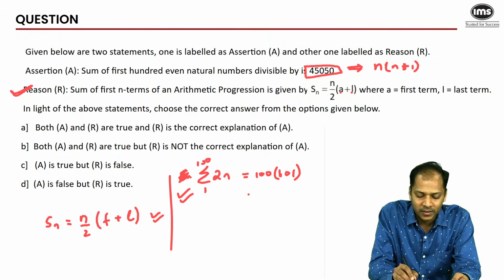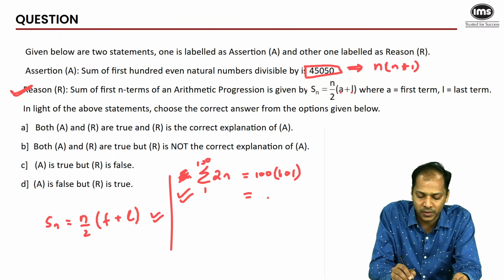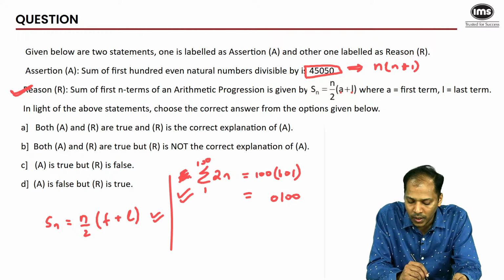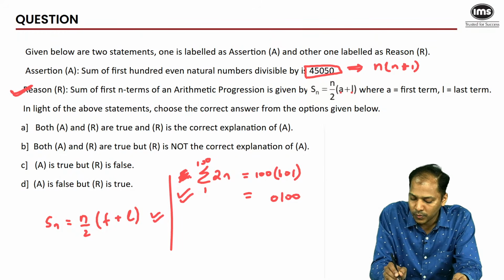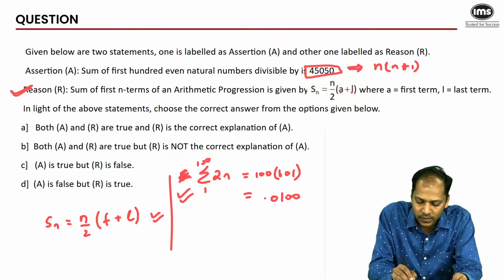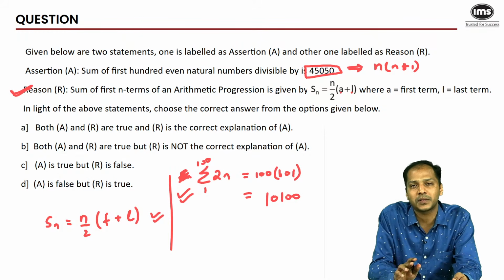It would simply come out to be, okay, I'm so sorry, 100 into 101, it's 10100.